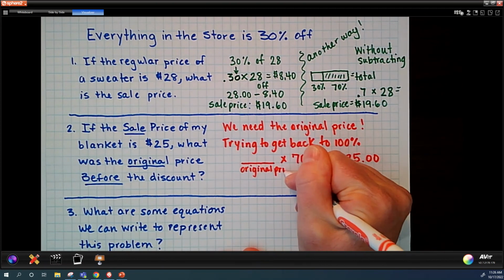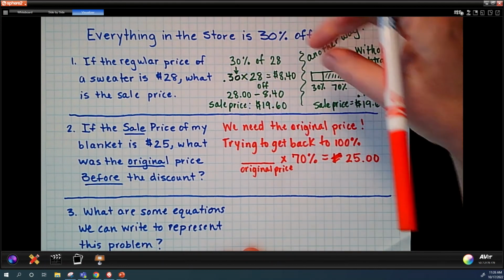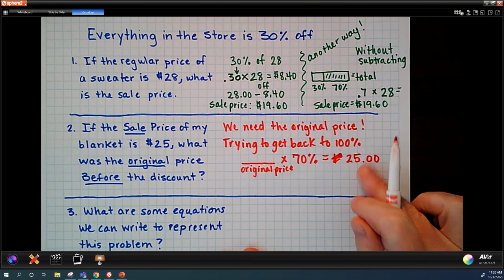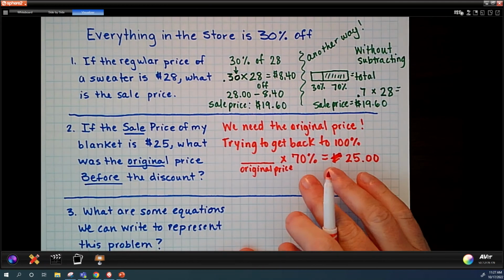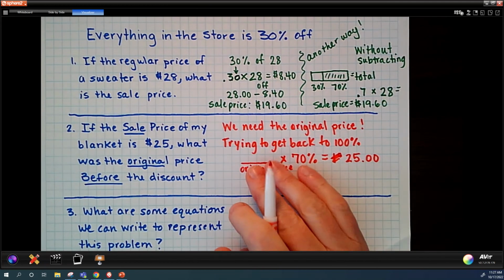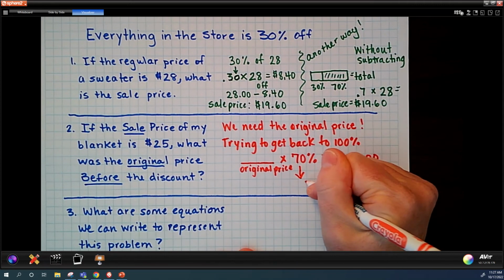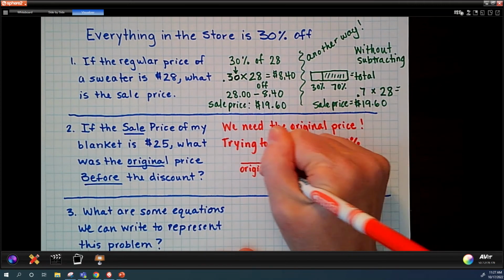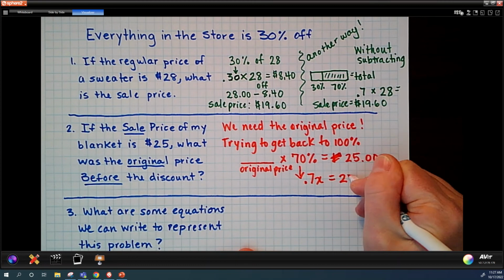So my original price times 70%, which is the opposite of 30, is going to give me 25. So this is an algebraic equation. I like to write it as an algebraic equation using a missing number. Change my 70% to a decimal: 0.7 times something, my missing number, is equal to 25.